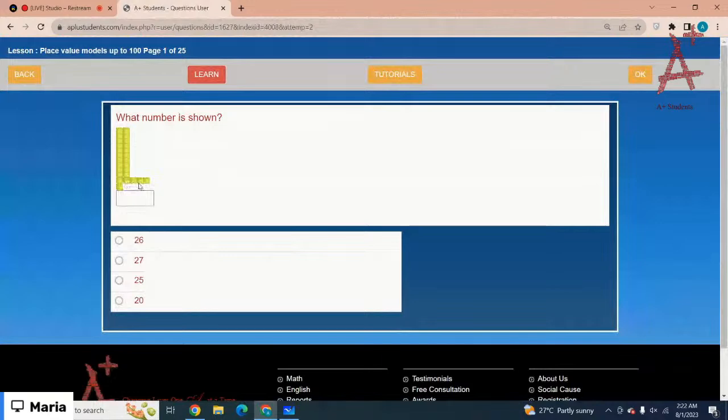A single one always represents the ones, right? And the lines are the ones that represent the tens. So you have six ones and two tens, so it makes 26. Very good.